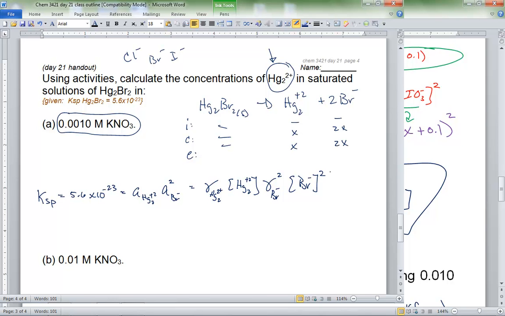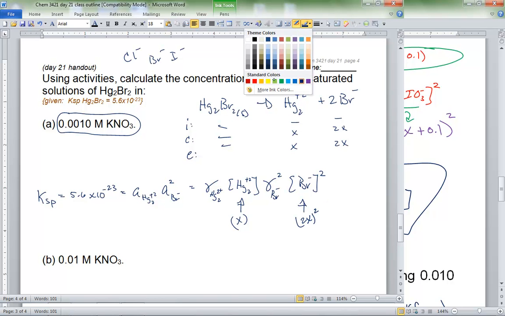What's the concentration of mercury plus 2 at equilibrium? That's what you did when we did solubility problems, didn't you? You substitute in x for that, and you substitute in 2x for concentration of bromide. So we do that, right? Nothing changes. Make sure you square it. Don't square the x.